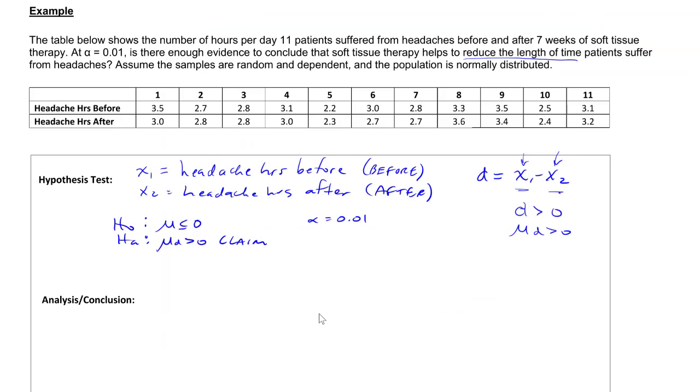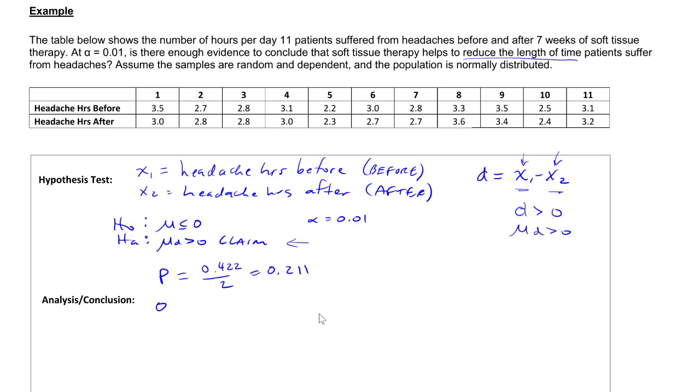Okay, so our p-value, again, this is a one-tailed version, all right? This is a right tail, one tail. So I need the p to be that 0.422 over 2, or 0.211.